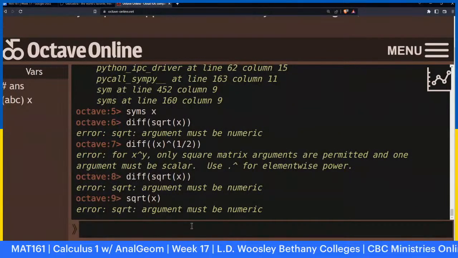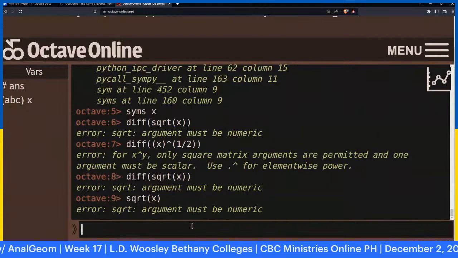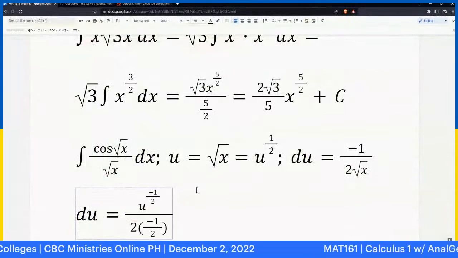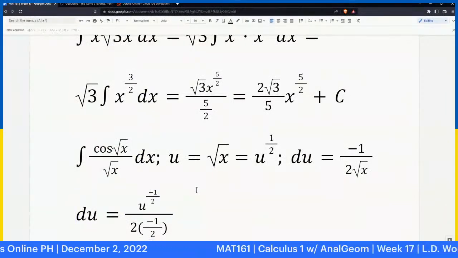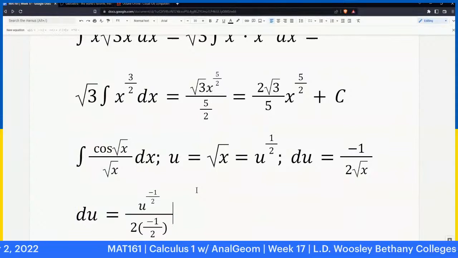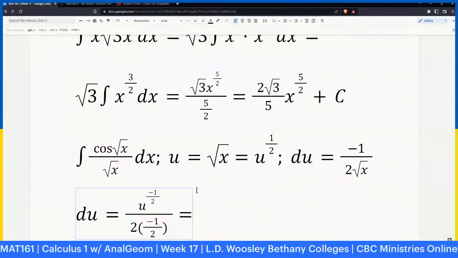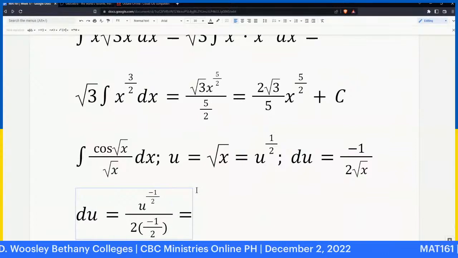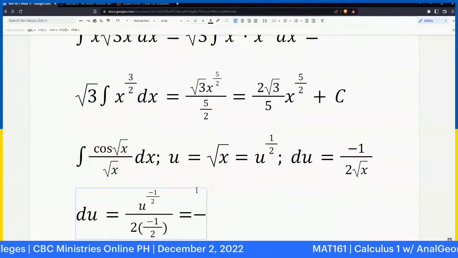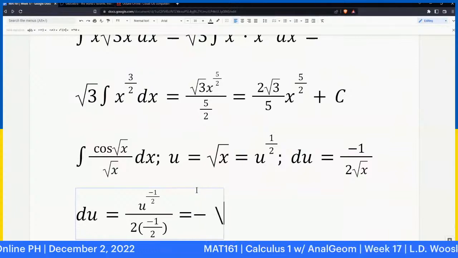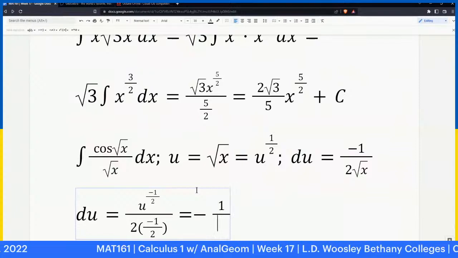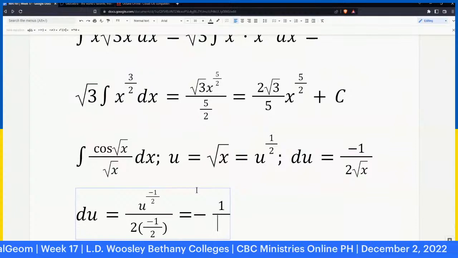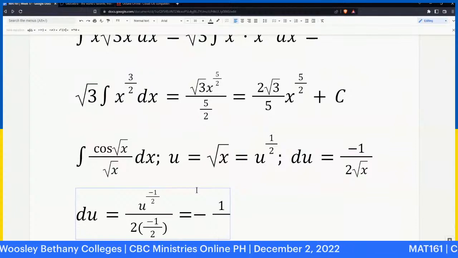Okay, anyway. So, magka-cancel, no? So, maiiwan, u raised to negative. Tama ba, Banji and Nora? Pagiging square root of u dito. Pero dapat may 2 talaga yun eh. Alam ko may 2 yan eh. What happened?